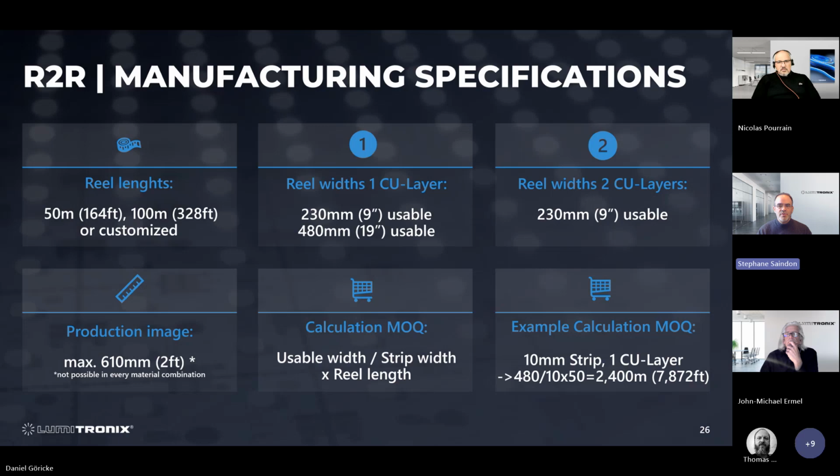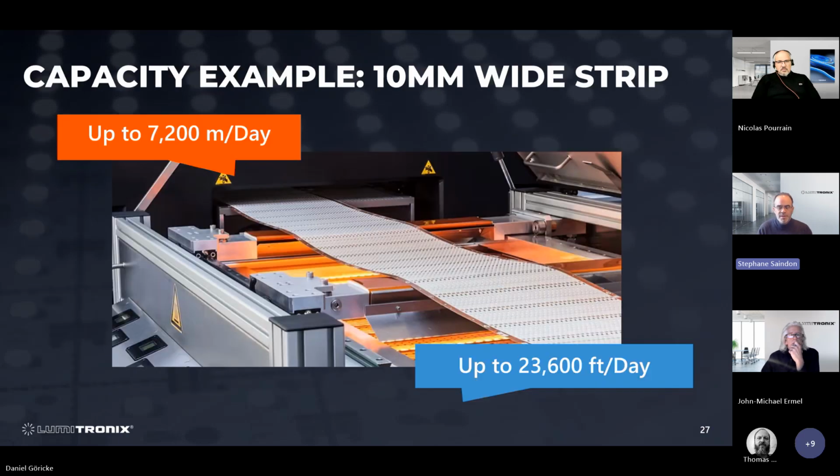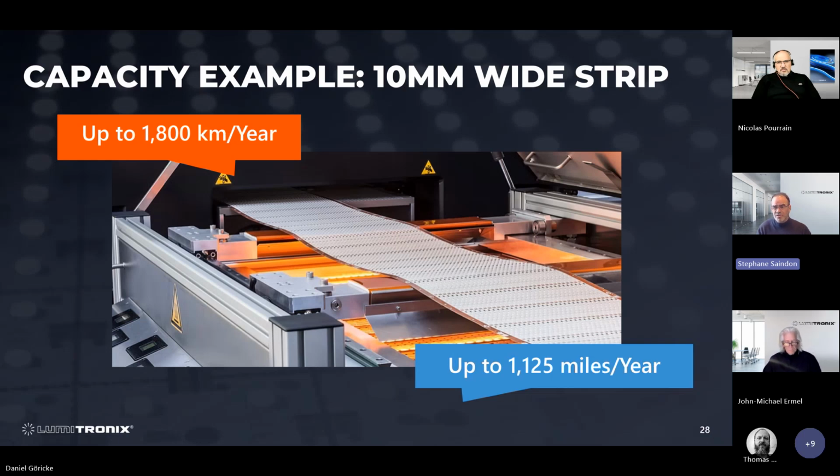And if we reuse that number in terms of actual production capability, on a 3-shift basis, that would represent 7,200 meters, so 7 kilometers per day, 23,000 feet per day. And over a year, we'll be talking about 18,000 kilometers per year and 1,100 miles per year. So we can take a lot of production.